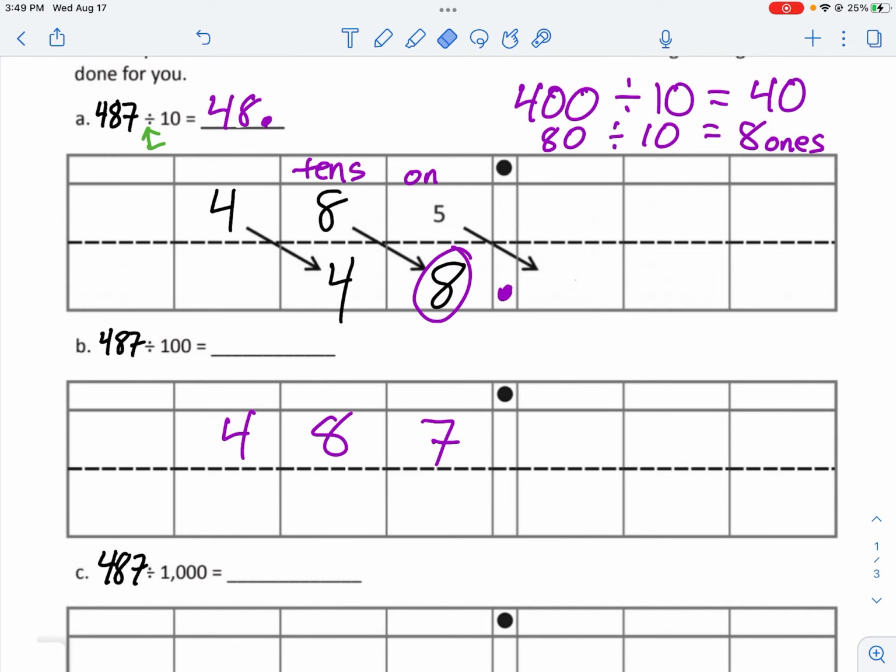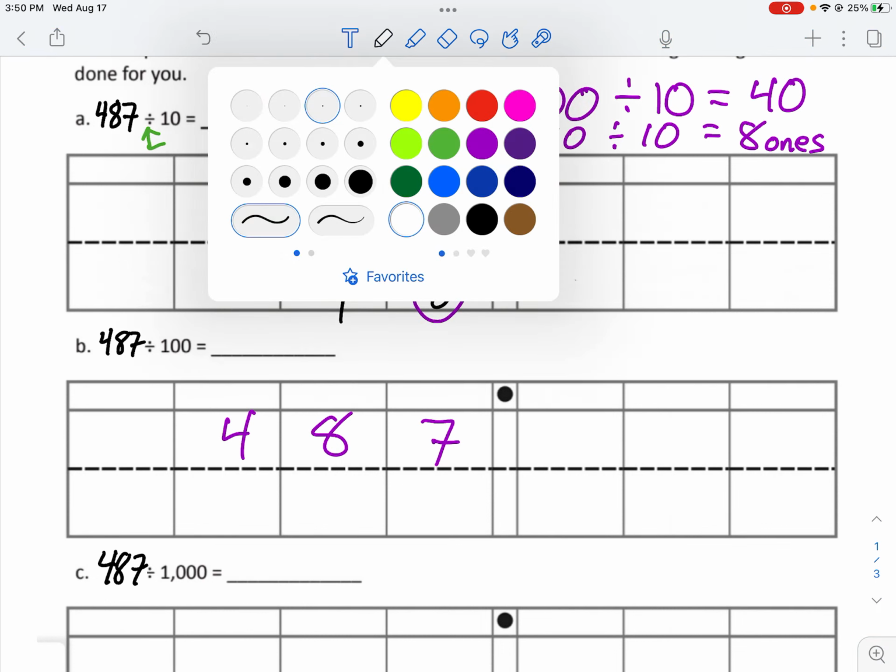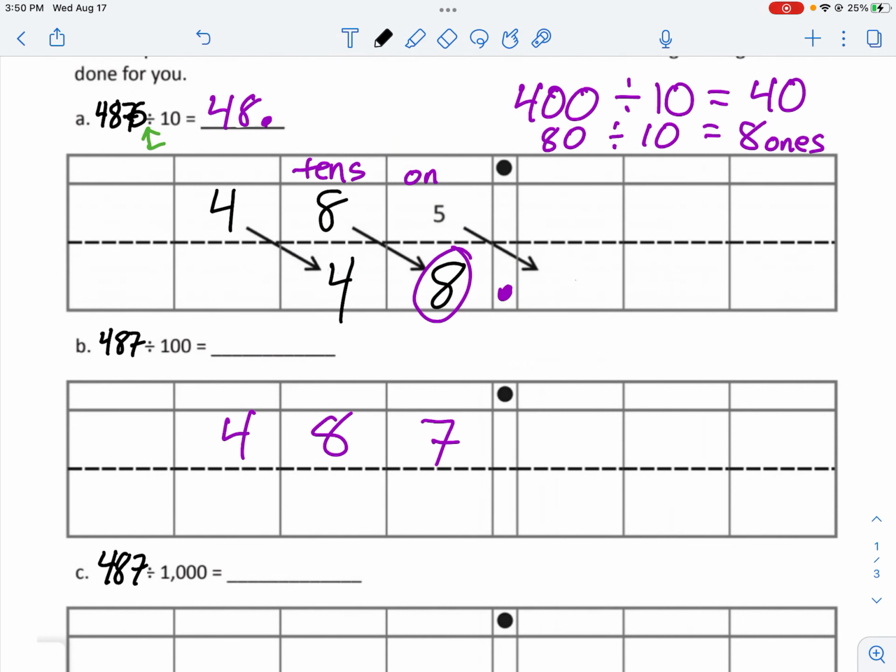Let me erase this and change it over. I had it all set up and just made a mistake, and I apologize for that.